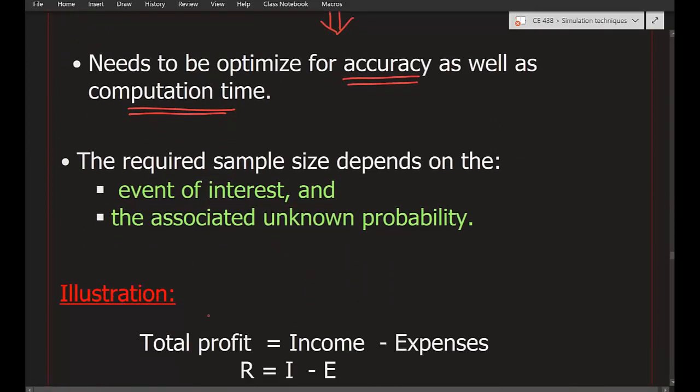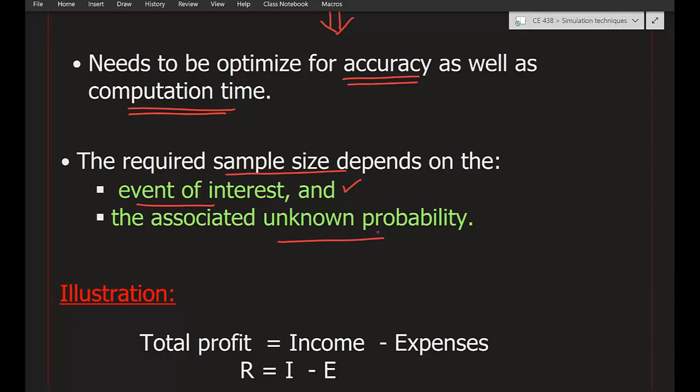So if you see, the sample size in Monte Carlo simulation depends upon two things. First is the event of interest. What is the event? Do we require a very high or sophisticated result, a very accurate result? That is the event of interest. And the second parameter that decides sample size is the uncertainty or unknown probability associated with the event.